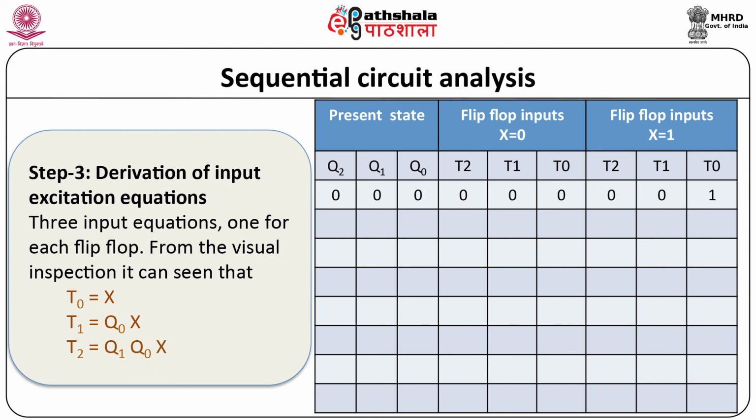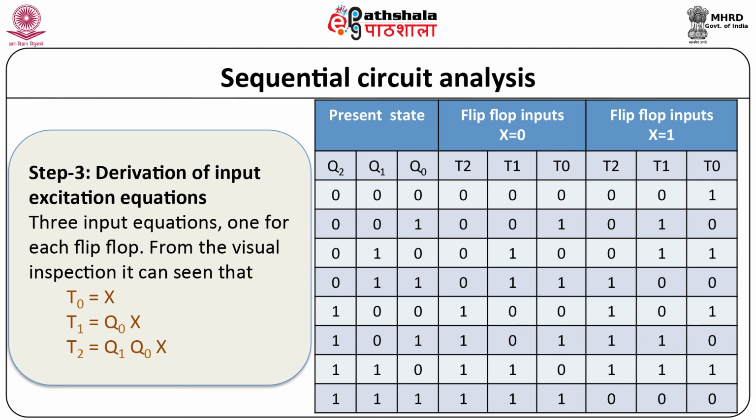Similarly, for the given present state 0, 0, 0 and input x equal to 1, the flip-flop inputs are 0, 0, 1. It is possible to complete the state table for obtaining the flip-flop excitation inputs for the remaining 7 present state possibilities for x equal to 0 and x equal to 1.